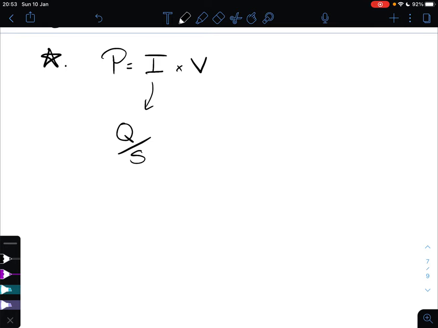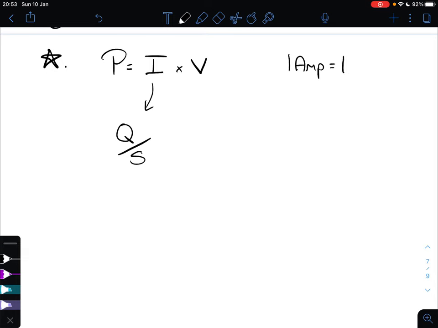And we saw that electricity, current, is the flow of charge. And 1 amp is equal to 1 coulomb of charge, it's not Q, it's 1 coulomb every second. So 2 amps is 2 coulombs every second.